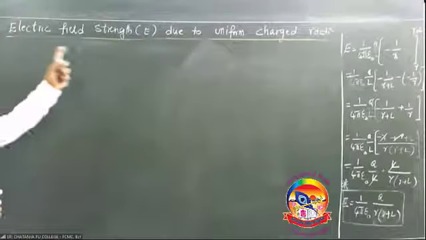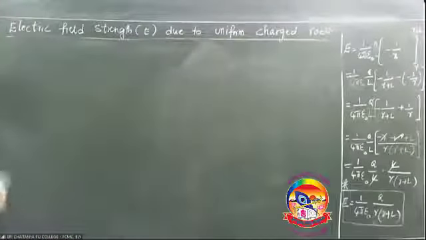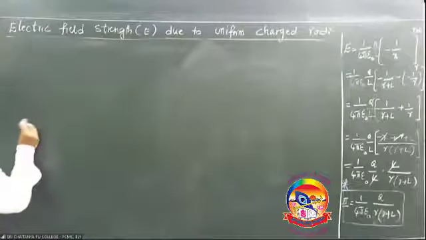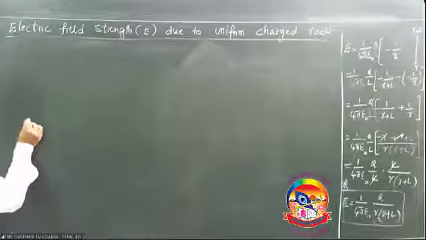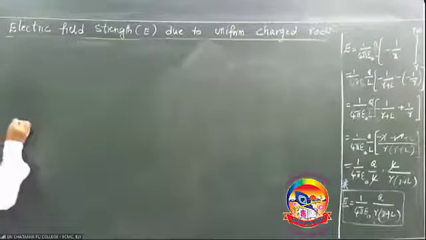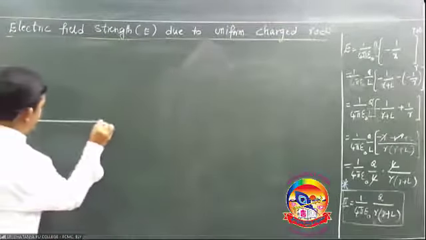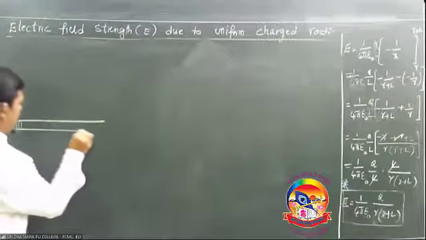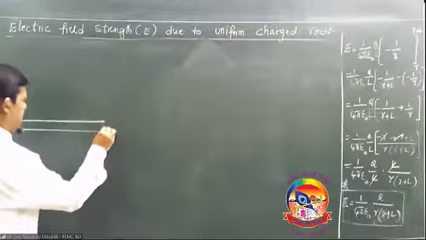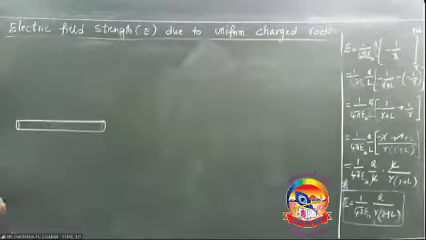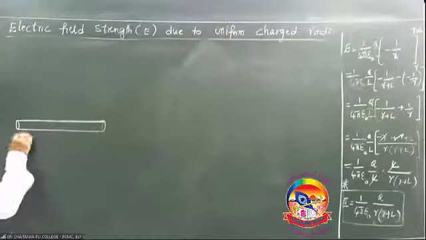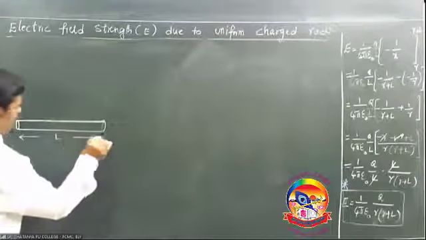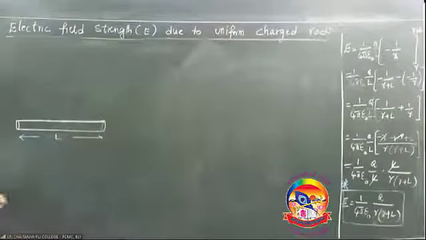Same, electric field strength E due to a uniformly charged rod. Now, the rod is like this. See here. This is the rod, the same rod of length L. Now, where is the point?